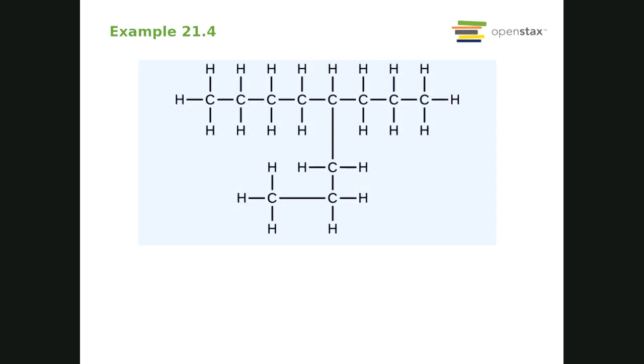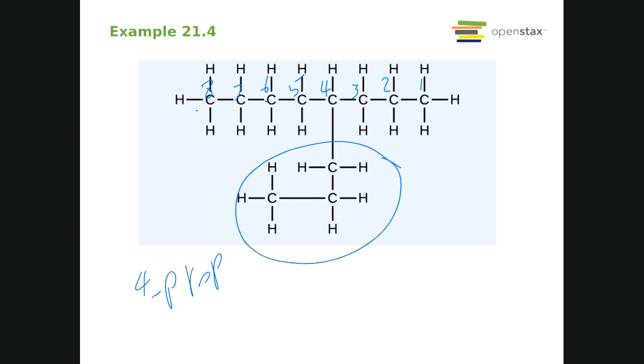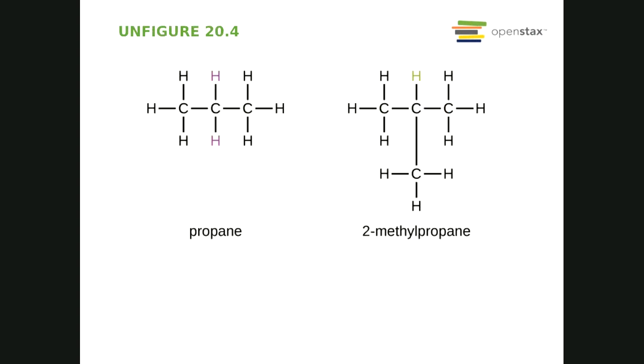1, 2, 3, 4, 5, 6, 7, 8. So we have a 3-carbon group here that is attached to carbon number 4. So it's going to be 4, the 3-carbon propane changing to propyl, 4-propyl, octane for 8, 4-propyloctane.